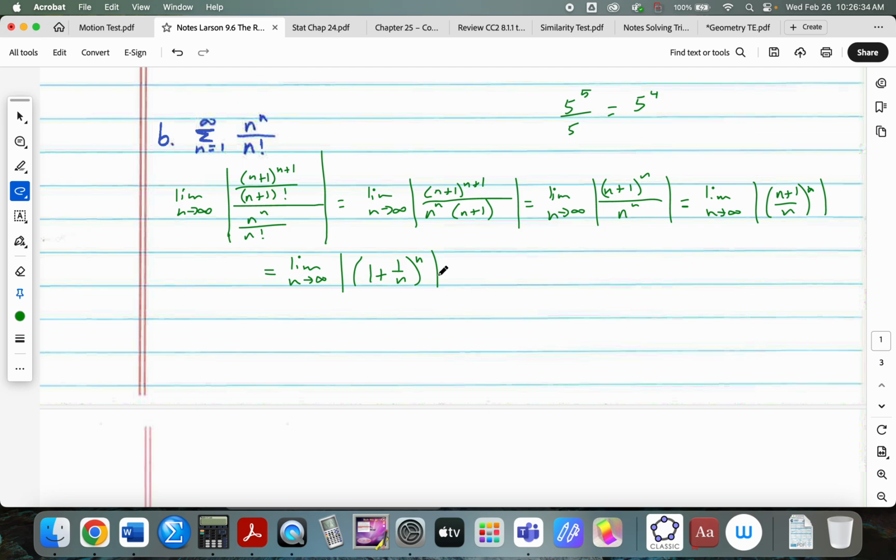We can go through the whole deal if you don't, but do you remember what this went to? It is exactly e. In fact, some books say that's the definition of e. It's the limit as n goes to infinity of 1 plus 1 over n raised to the nth power. And that's greater than 1. Therefore, this series diverges.